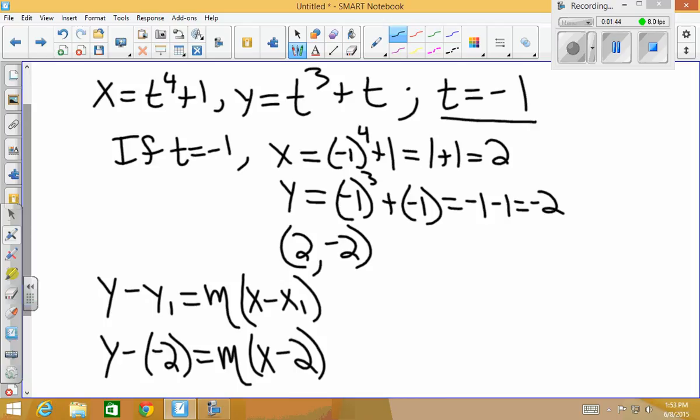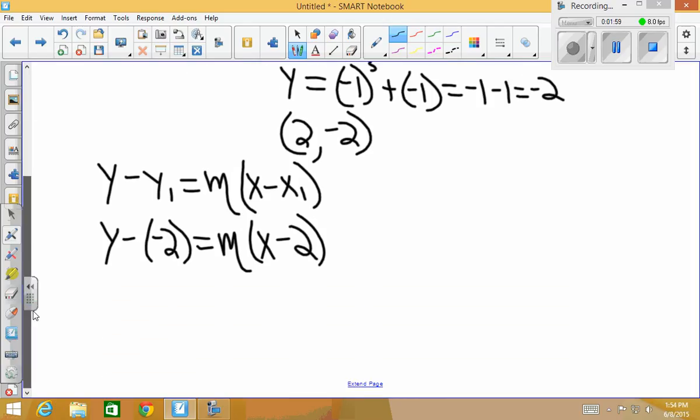This line is a tangent line, so the slope will be given by the derivative at this point, 2, -2. Well, this is a set of parametric equations, so remember, we're still wanting to find the derivative of y with respect to x, and it's going to be at the point 2, -2, which is the same as saying that t is equal to -1.